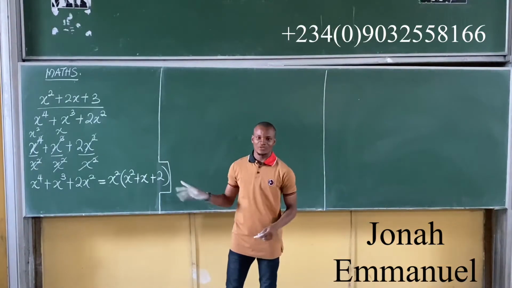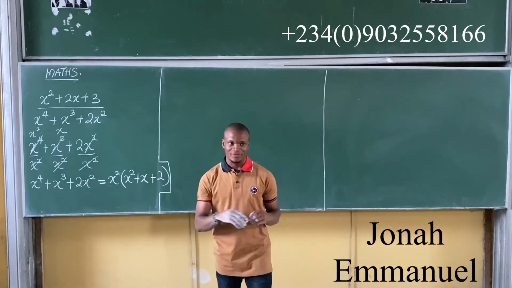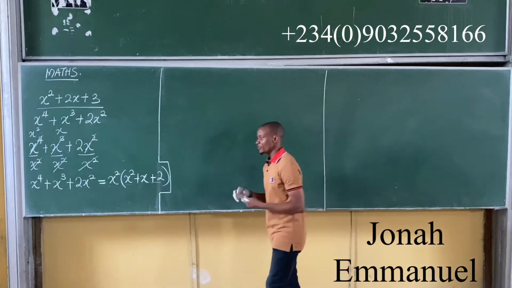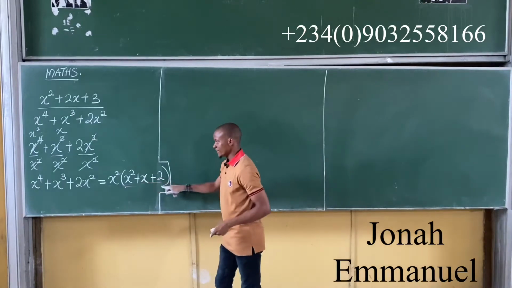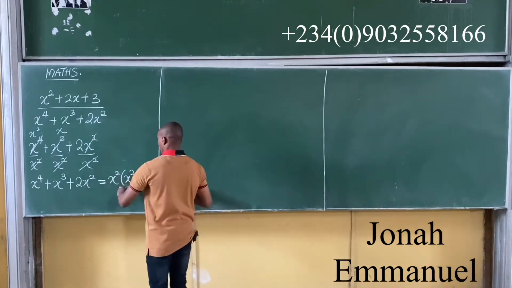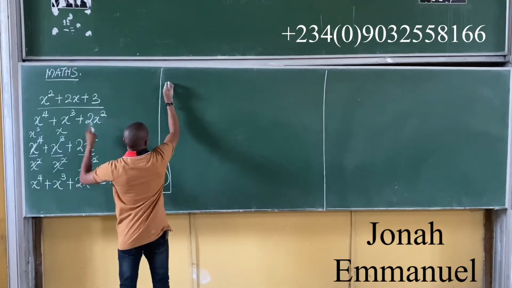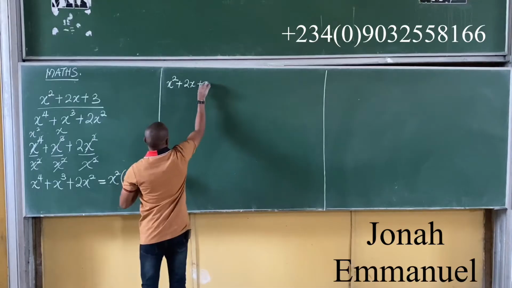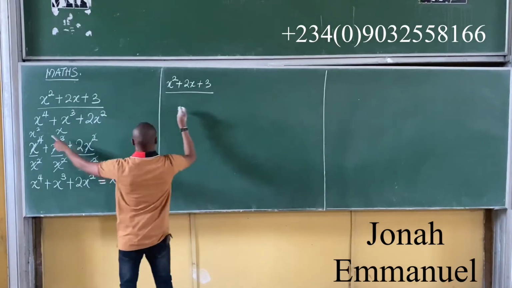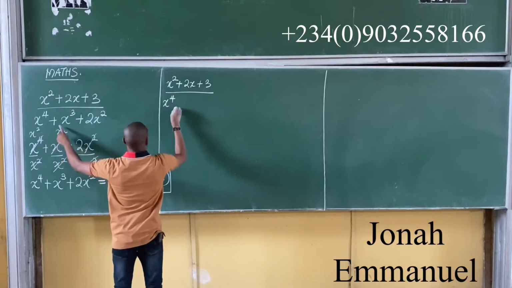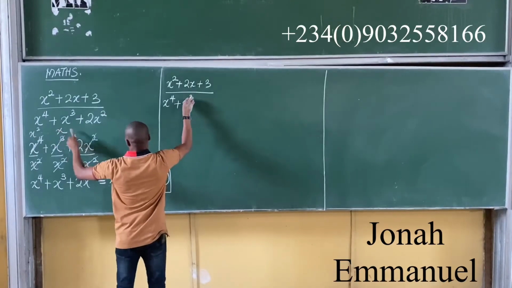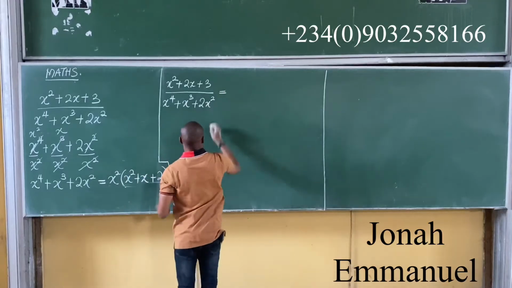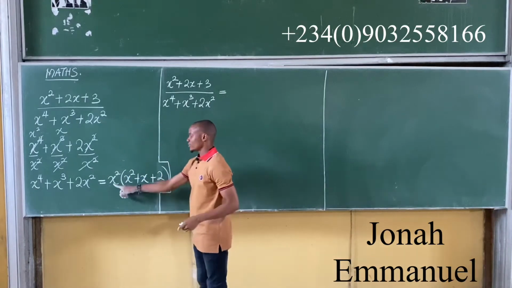Please, on your own, give me the roots. Give me the form on your own, please. What do you get? Let's get this done. So, attach now to find the form of this. From here, we'll have that x squared plus 2x plus 3 all over x to the power 4 plus x cubed plus 2x squared is equal to, now you observe we are having x squared.